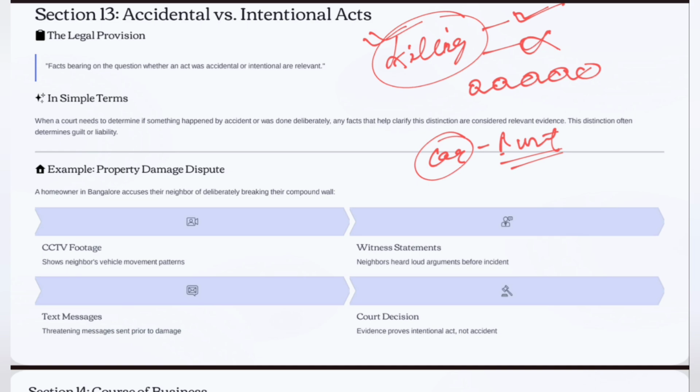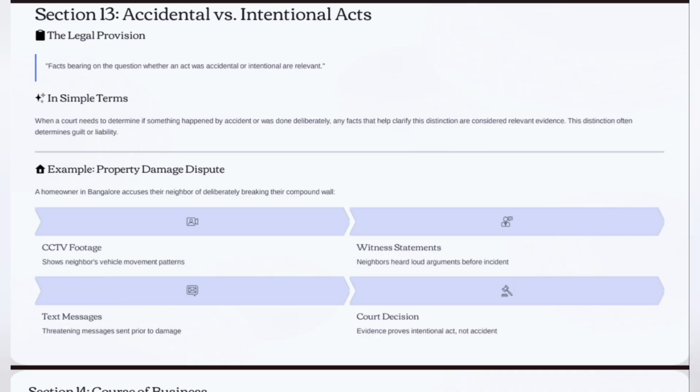And it is shown before the court that in many instances his car has been burned in the same manner in the past also, which proves that he might have an intention to burn the car himself in order to acquire the insurance money. So the fact that his car has been burned in previous instances also is relevant. Now let us move to the next section, that is section 14.